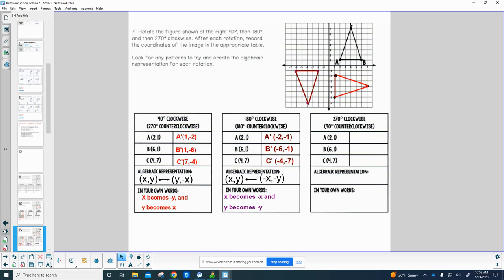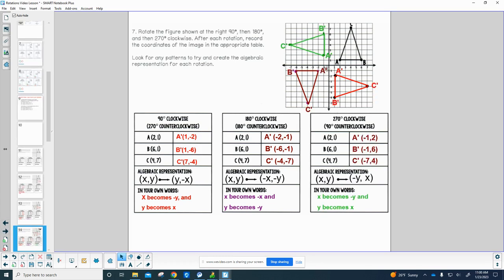And for our last rotation, our 270 degrees, putting us up in quadrant 2, we notice that our new values look like this. All of the original y values are now in the x position and have become their opposites.